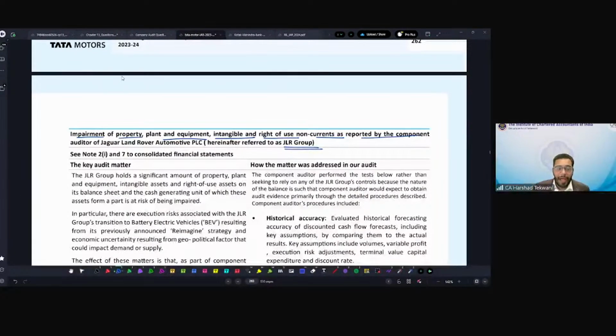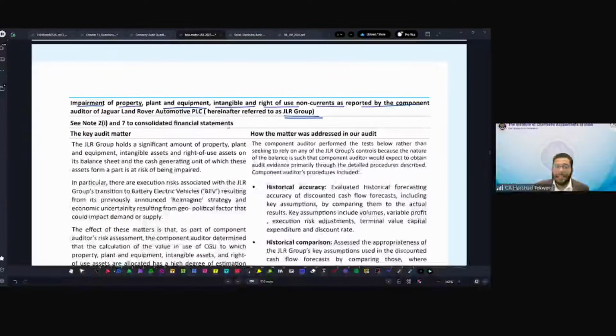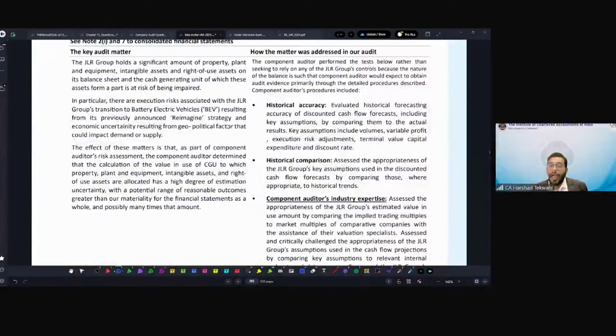When they identify these areas, I understand what audit procedures are being performed at the group level, or rather I give these as the minimum audit procedures.